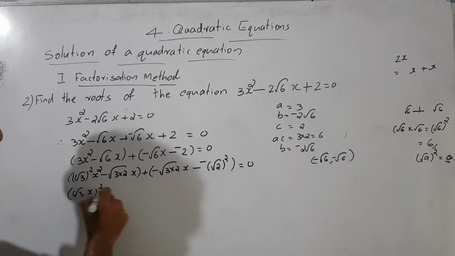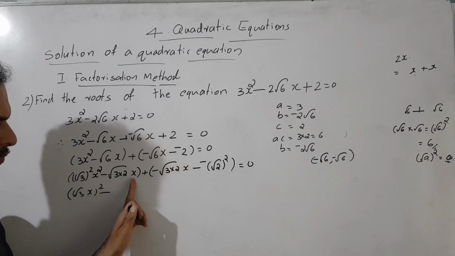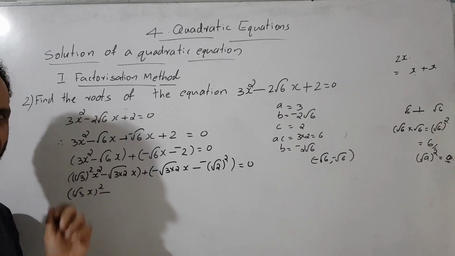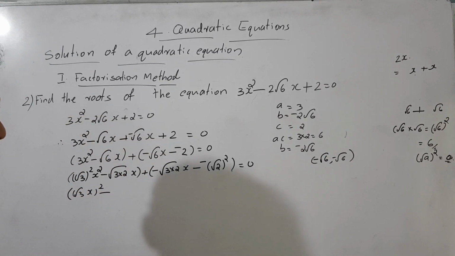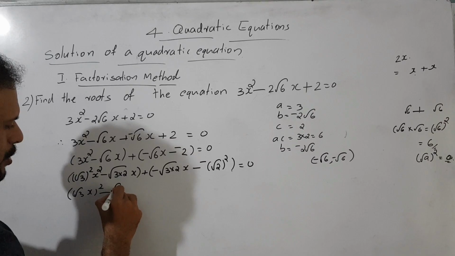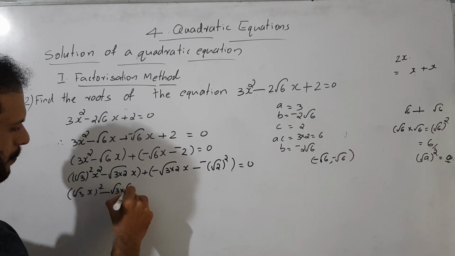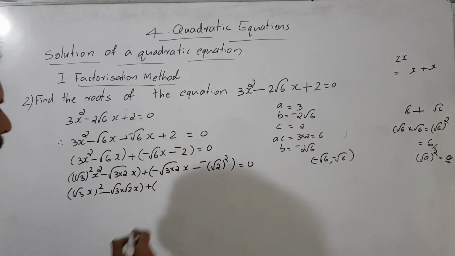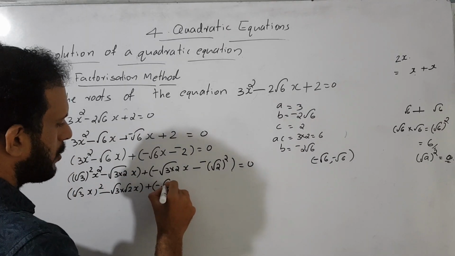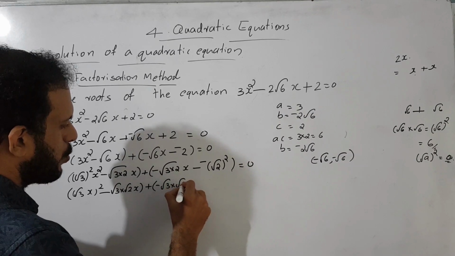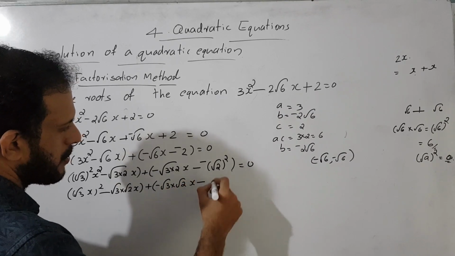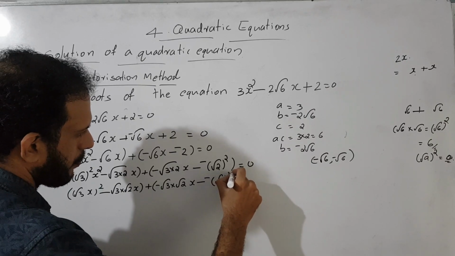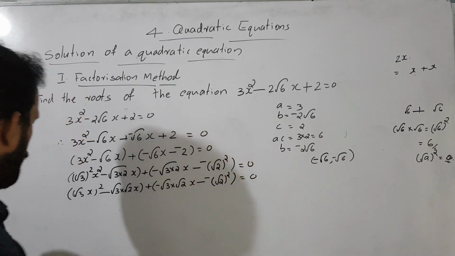Then minus, this one, what is the form? Root of a into b is equal to √a into √b. So √a into √b minus √3 into √2x minus 2 whole square is equal to 0.